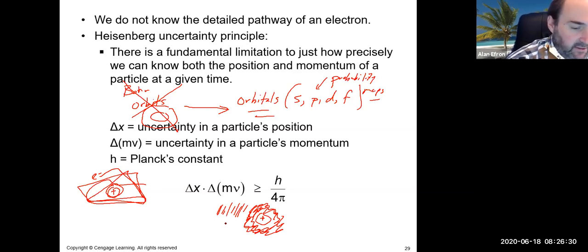So we'll see some probability maps in a bit here, but usually they're displayed by color. Darker areas are a higher probability of finding something like an electron. As the color gets lighter, as you fan out from the nucleus, there's a lower probability of finding a particle like an electron.